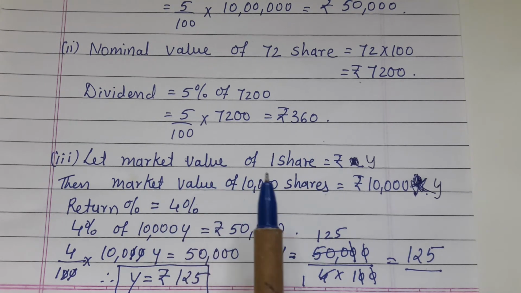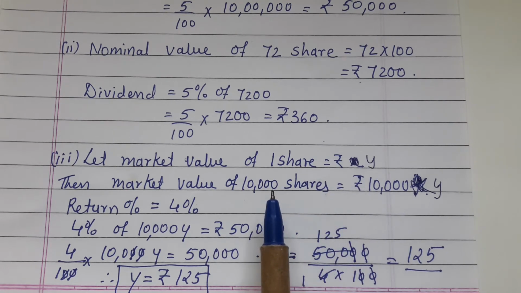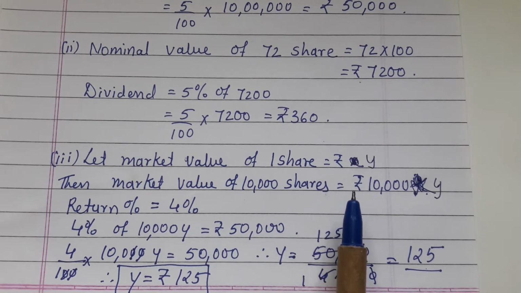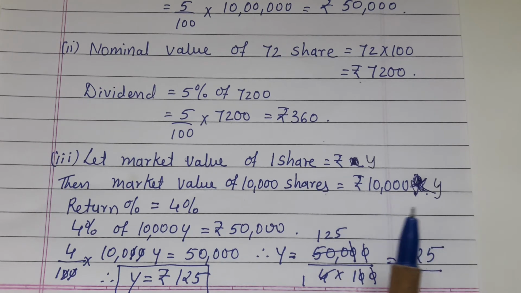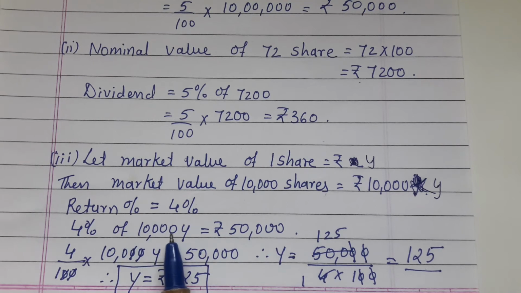Let market value of one share be rupees Y. Then market value of 10,000 shares is rupees 10,000 Y. Return percent 4%. 4% of 10,000 Y is rupees 50,000, the total dividend.